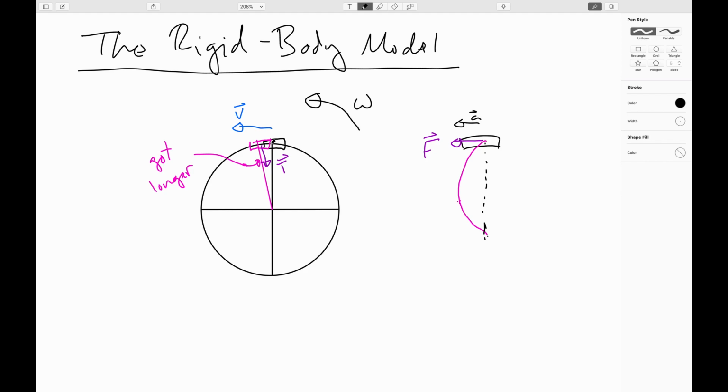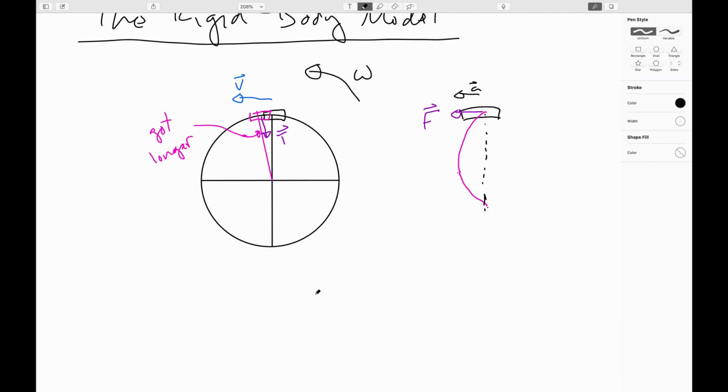You know, the pizza dough stretches out. And this is true not just for bike wheels, but you can extend this to literally anything. And so the key thought is that there is no rotation without deformation.